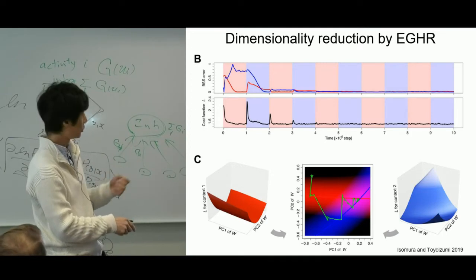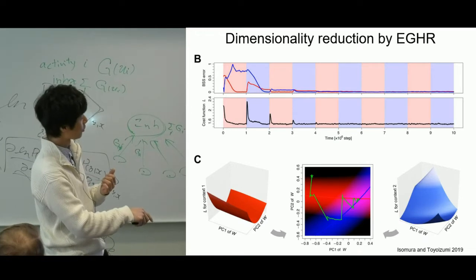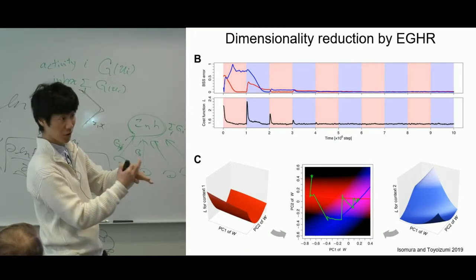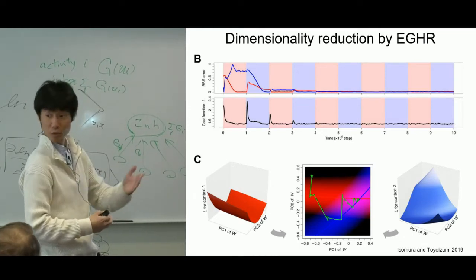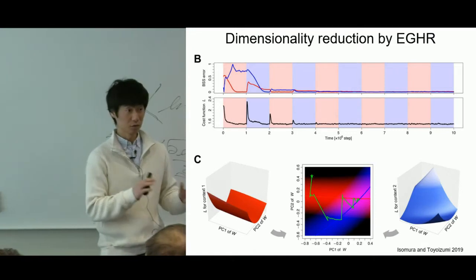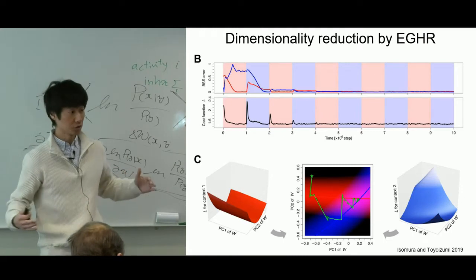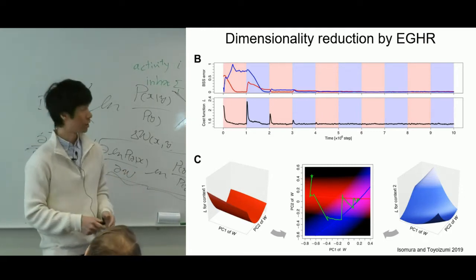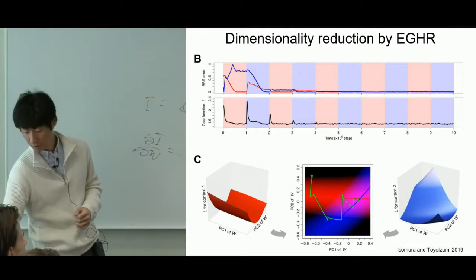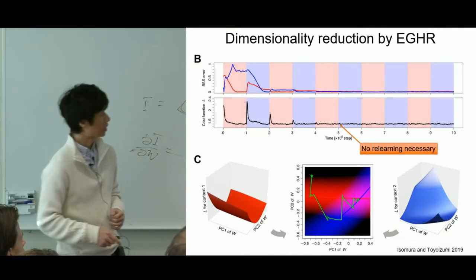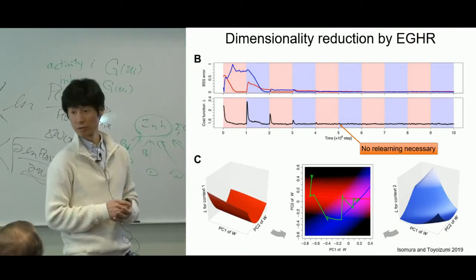And if you continue presenting context 1 and switch to context 2, the trajectory follows and converges to those intersection points that satisfy both separation in context 1 and context 2. So without knowing how the sources are mixed in each context, it can reduce the dimensions of high-dimensional input to extract common sources across the contexts. So this is a novel way to perform dimensionality reduction.